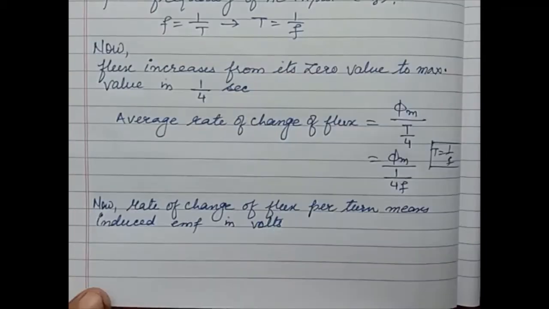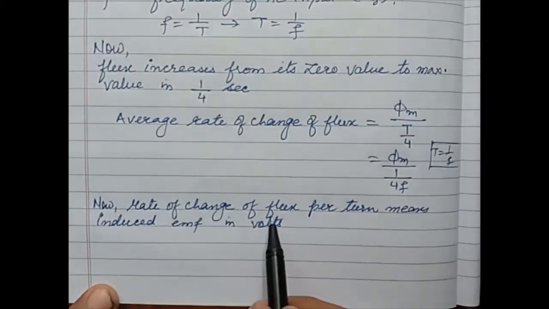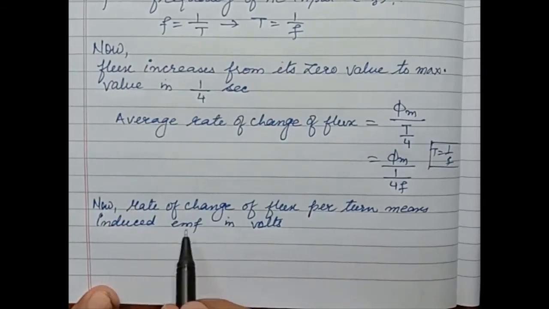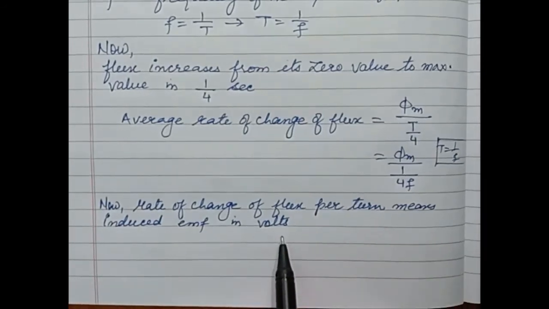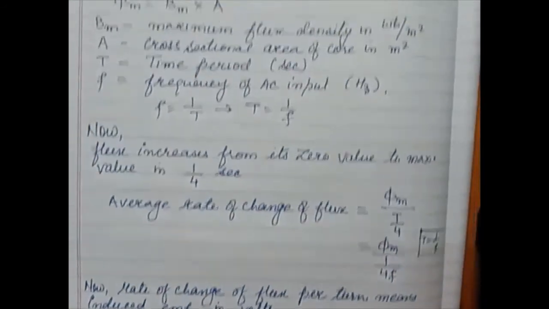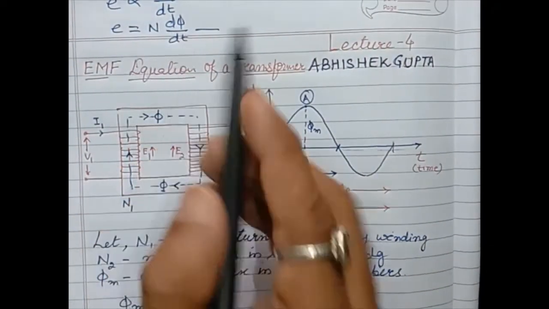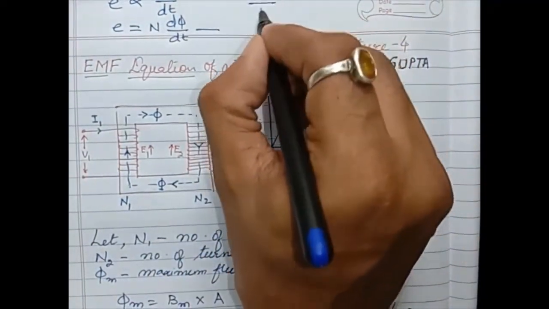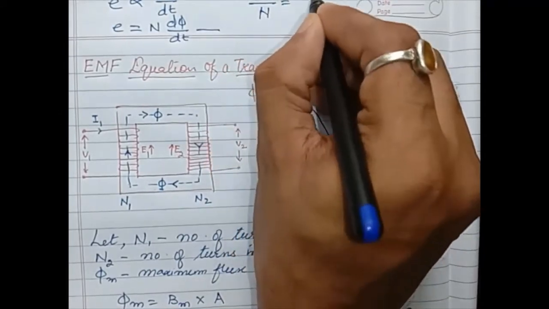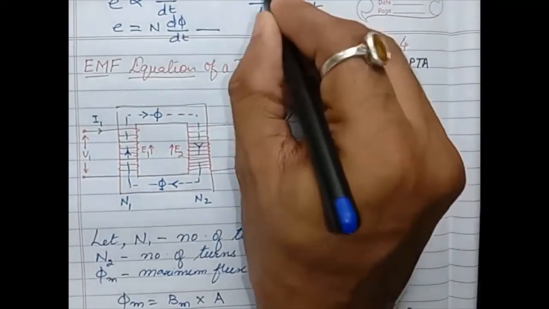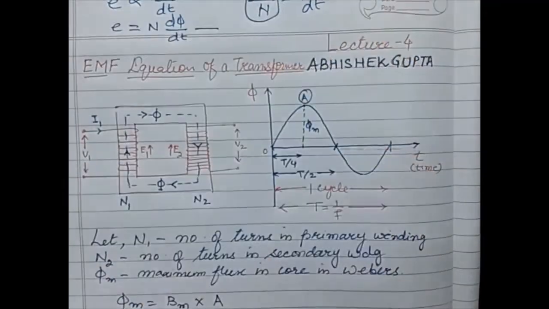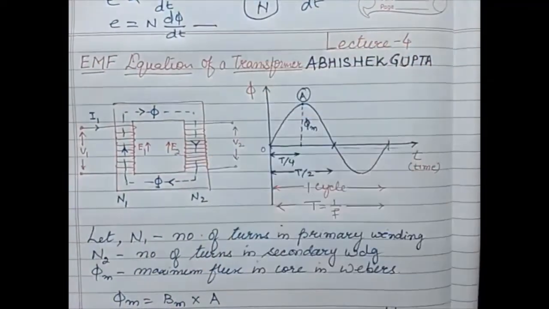Now this rate of change of flux per turn means induced EMF in volts. As we know, E is equal to n d phi by dt. It means E divided by n is equal to d phi by dt, and E divided by n is the EMF per turn, or we can say the induced EMF.